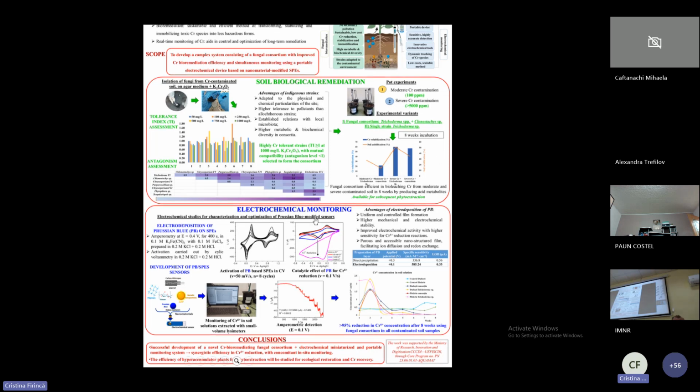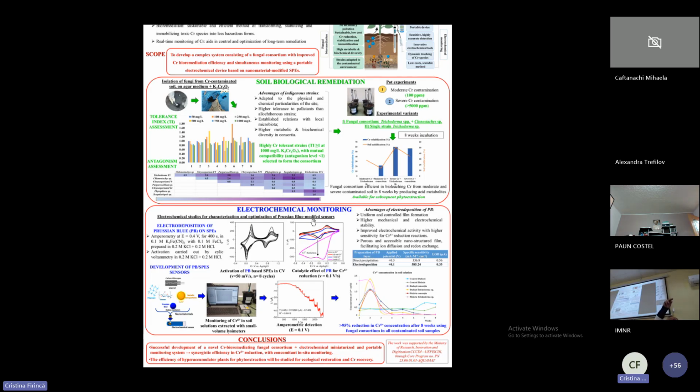The reduction of hexavalent chromium concentration was monitored in soil solutions extracted with small volume lysimeters by amperometric detection using screen-printed carbon paste electrodes modified with Prussian blue by electrodeposition.